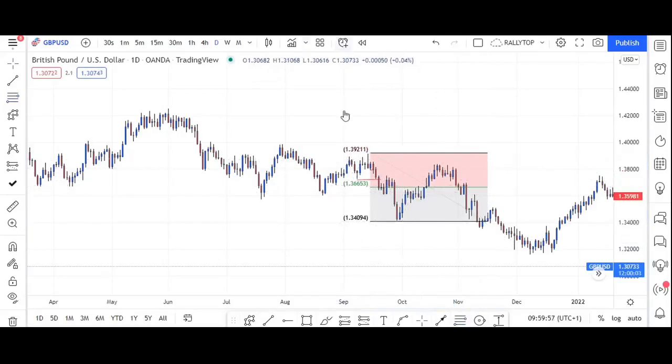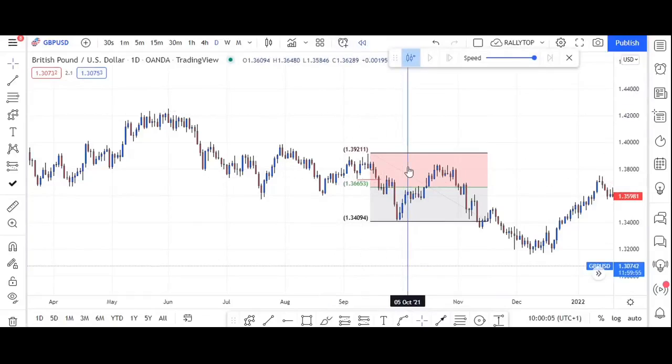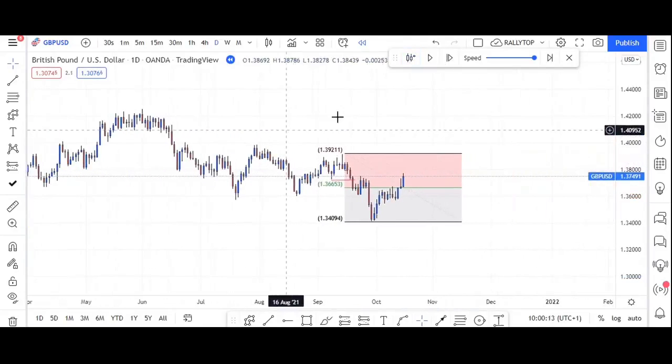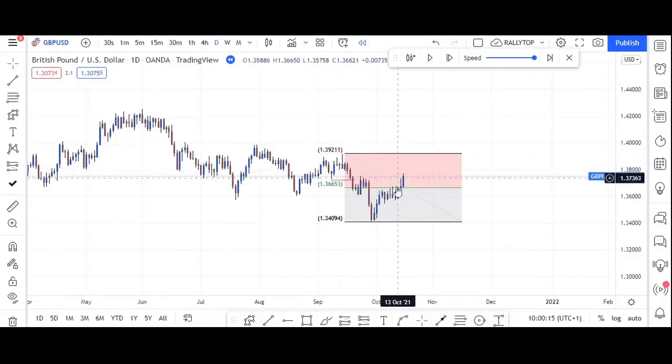Now can you see this? Let's cut price. Let's start from here so that you can understand what I mean. So you can see now, here is your fib 2.